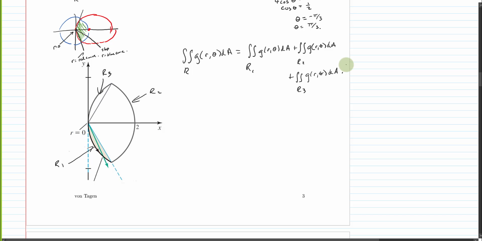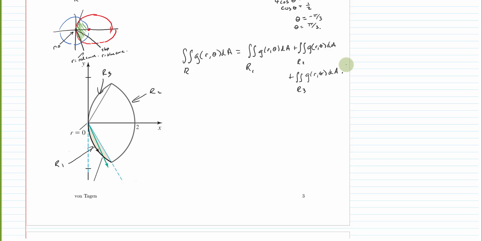Because your upper and lower bounds are changing. The upper and lower bounds on what? If you were going around counterclockwise here, at one point it's just a part of a circle, but then you can see at that bottom teal line, it changes.